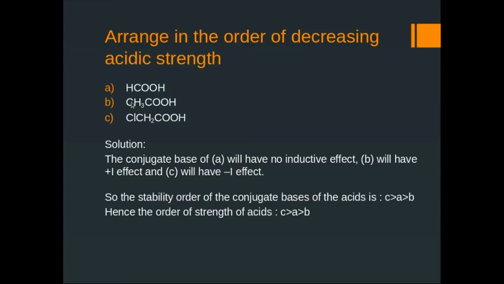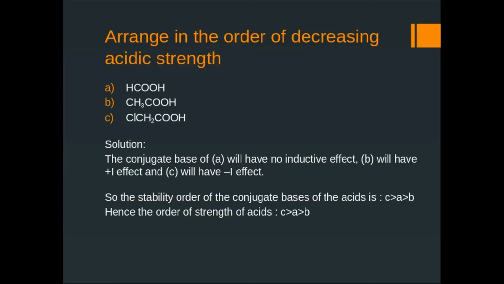Then acetic acid. In acetic acid, as I said, CH3 has the plus I effect, so the oxygen is getting more negative charge, and as oxygen has a small size, this negative charge will tend to destabilize it, and the electrical neutrality is also lost for oxygen. So to gain stability and electrical neutrality to some extent, the OH bond will continue to persist.